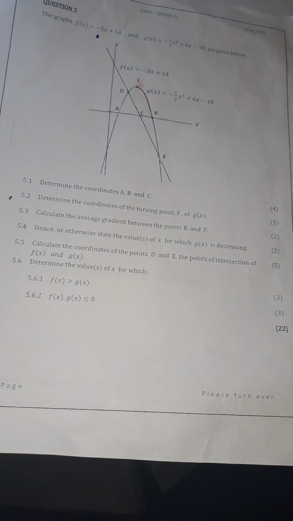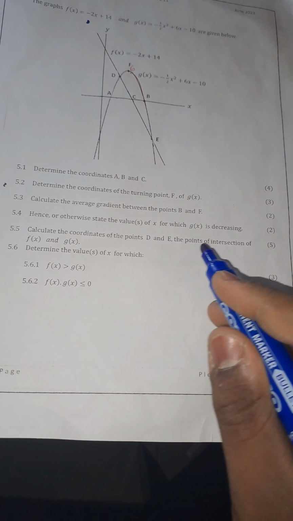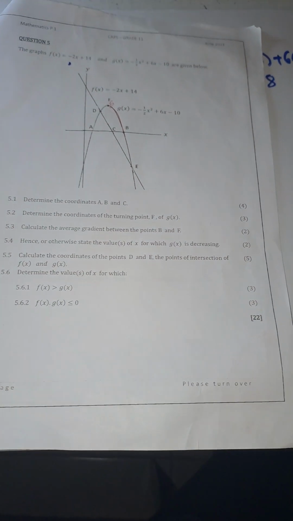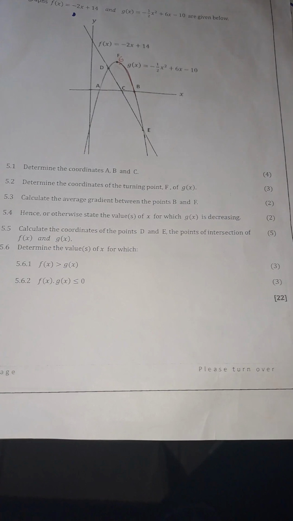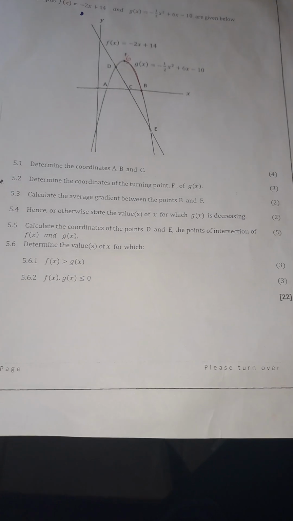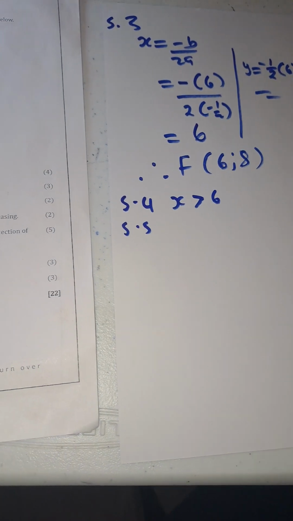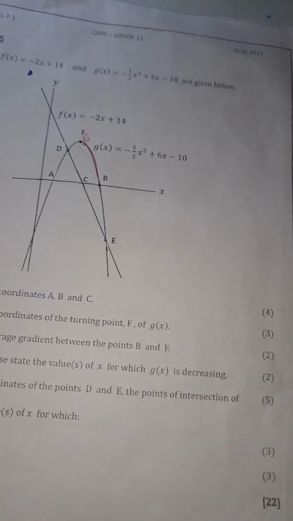Calculate the coordinates of points D and E, the points of intersection of f of x and g of x. So what they simply mean is that you equate the two graphs where they meet. You see? Point of intersection. So now, let me just take a new page, so that you'll understand this whole thing.